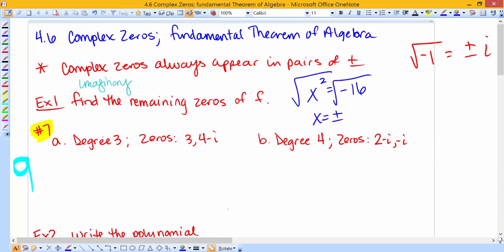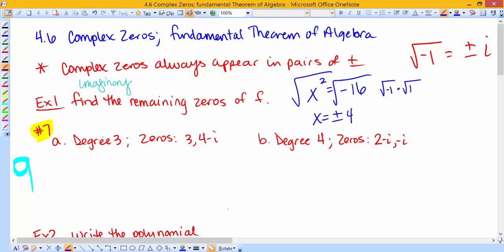That gets rid of the negative, so I will have 2 possible solutions here. The square root of 16 is 4, and because I am square rooting a negative, this is the square root of negative 1 times the square root of 16. So I need to pull that negative away, and the square root of negative 1 is i, and the square root of 16 is 4. So I get plus or minus 4i.